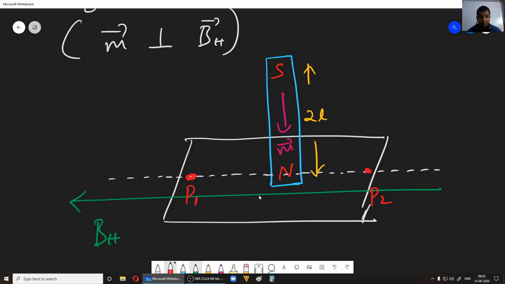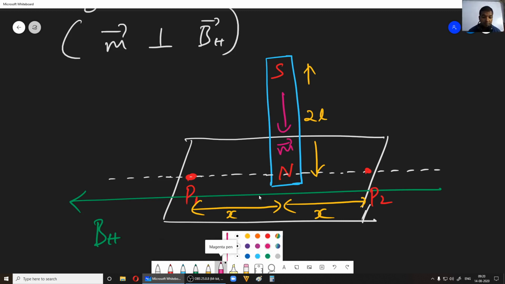Now say the distance between them is x, so this is x and this is also x. Alright, now due to the north pole and due to the south pole, let us try to get the magnetic field at P1 and P2. Okay, so this is easy. Now what we can do here is, due to the north pole, right?